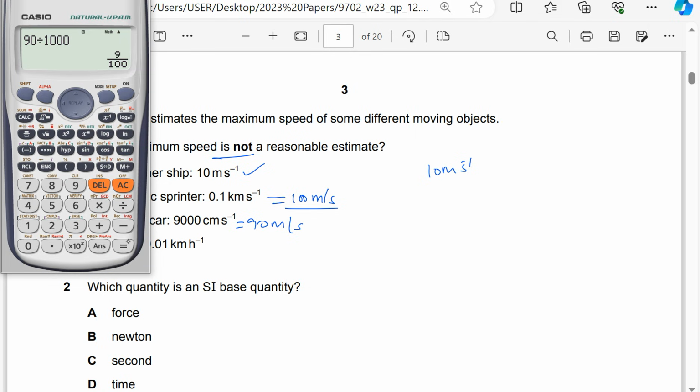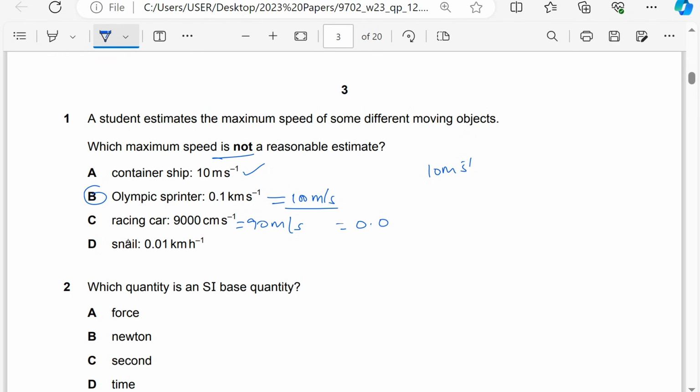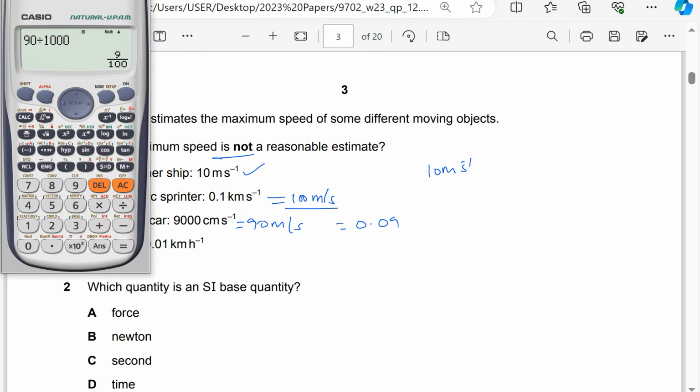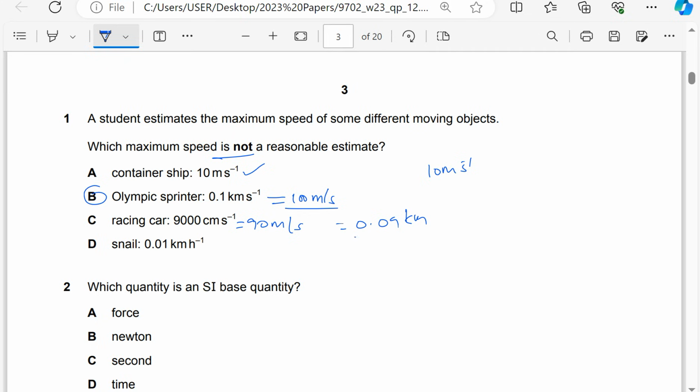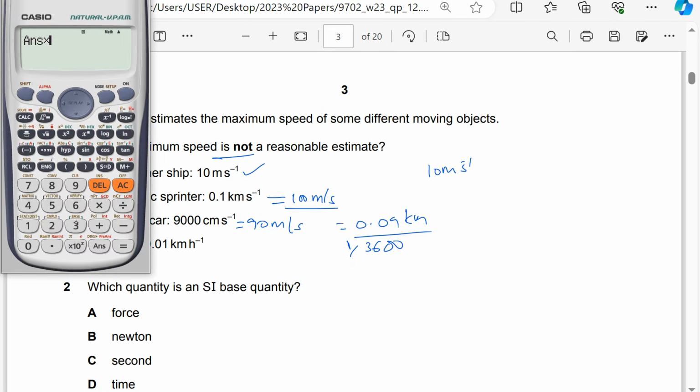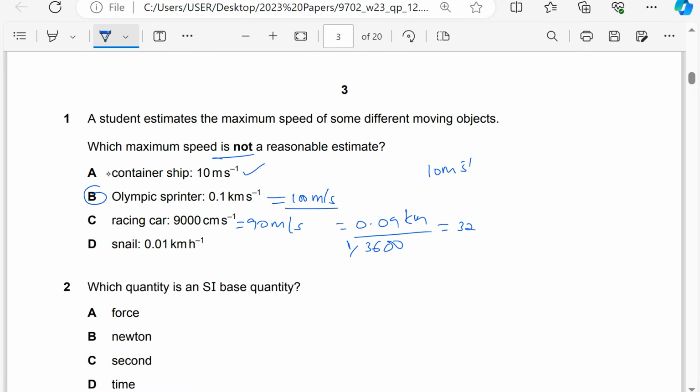Then this is going to be 0.09 kilometers divided by 1 hour, which is 3,600 seconds. So 1 second is 1 over 3,600. In other words, I just multiply that by 3,600, which gives me 324 kilometers per hour. I don't think there is any car with such a speed.